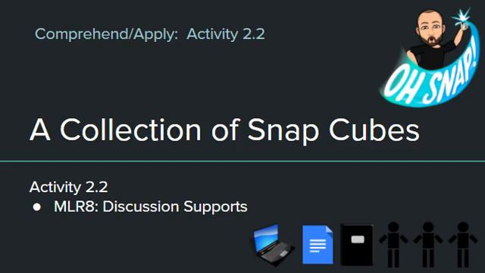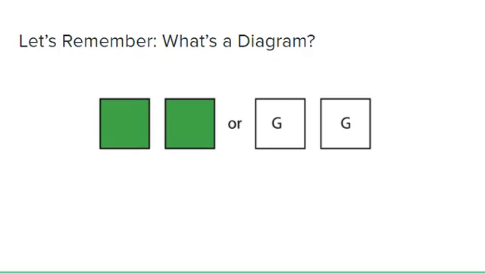All right, so let's take a look at some Snapcube pictures and see if we can figure out a few things. So if I had a diagram here, these two diagrams could represent the same thing. In one way, I've got 2 green squares representing 2 green.